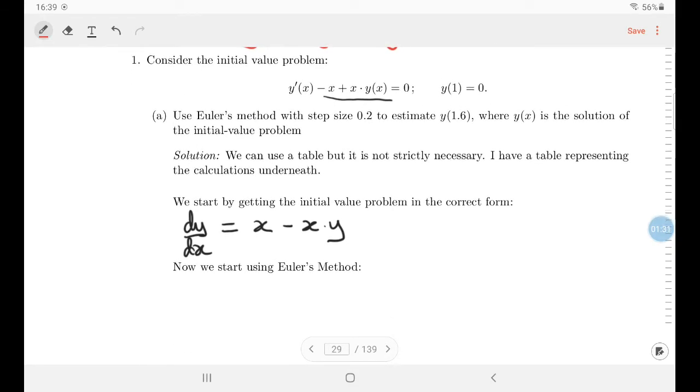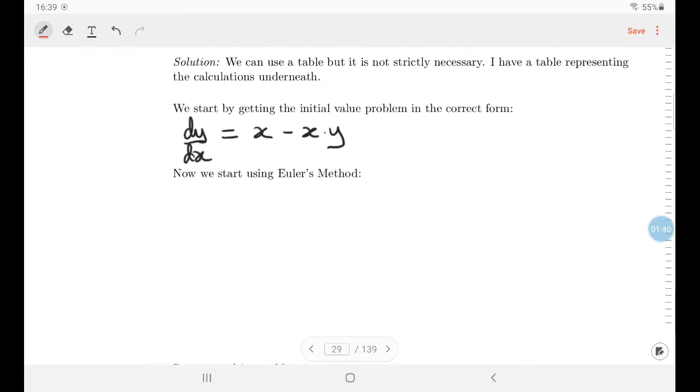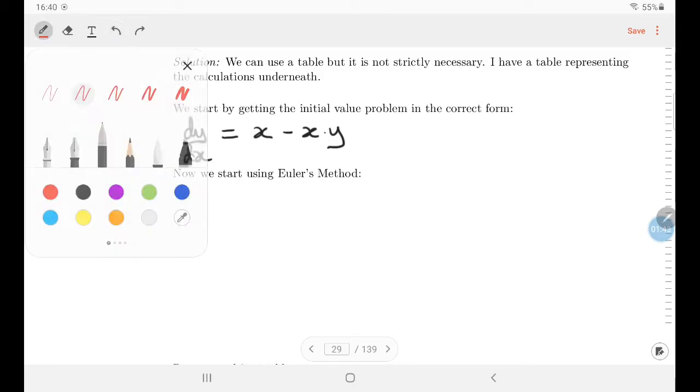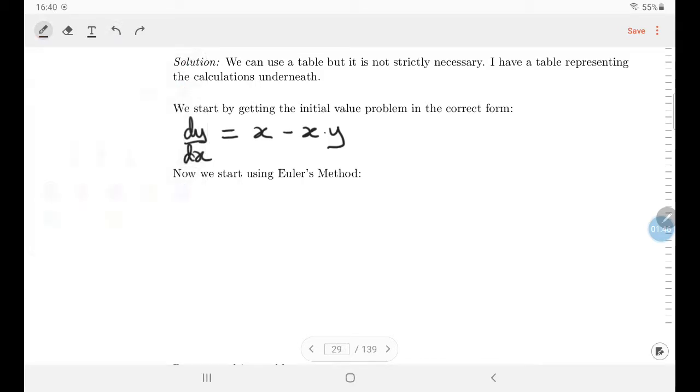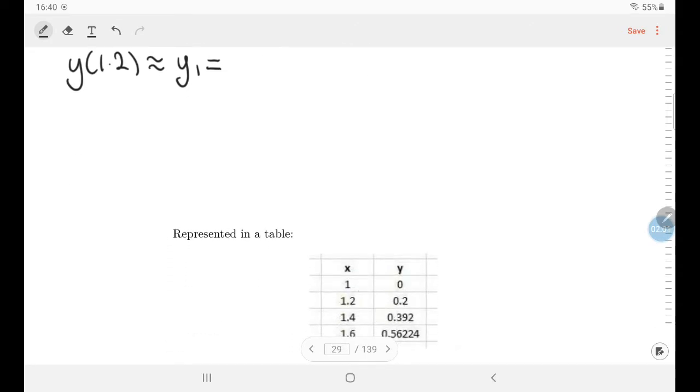So we've got x equal to 1, and we're trying to get to 1.6 in steps of 0.2. So we're going to jump from 1 to 1.2. We're interested in the y value at 1.2, which is approximated by what we call y1. Now y1 is equal to the previous y value, which is 0, plus the step size, the difference between the x values, 0.2, times the slope at the previous point.